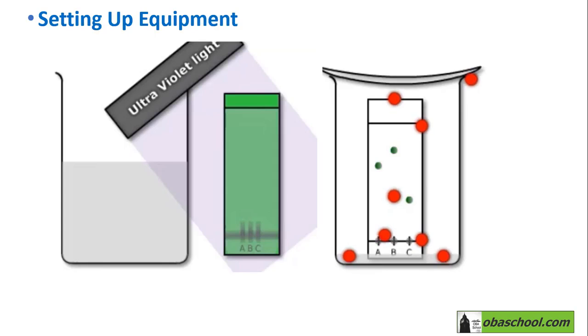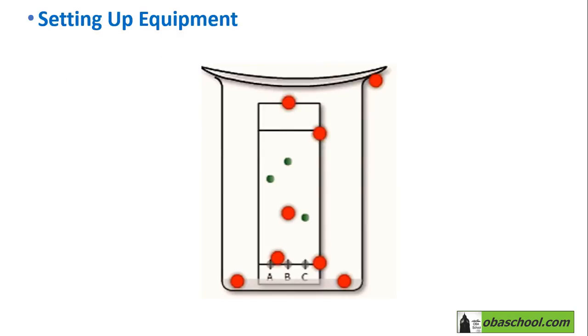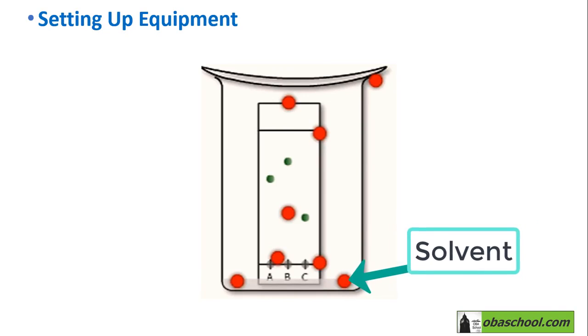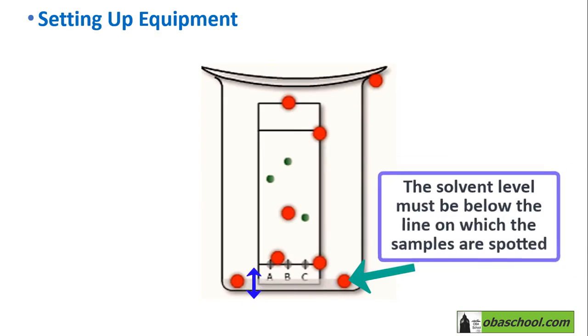This means that we have to be careful while running thin layer chromatography, highlighting some of the important points. First of all, the solvent that we use should be at a certain level. The solvent level must be below the line on which the samples are spotted.